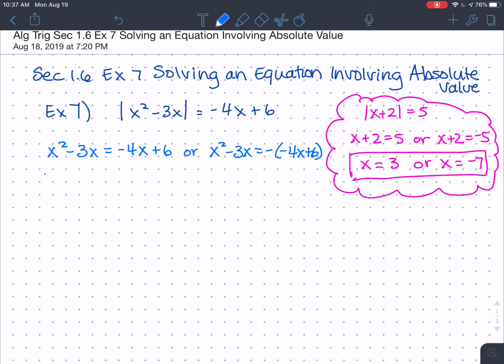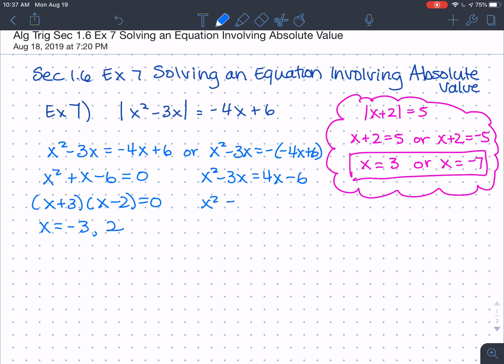The first side, so you add 4x onto both sides, we get x squared minus x minus 6. This guy factors into x plus 3, x minus 2. We get x equals negative 3 or positive 2. The second one, I got to distribute that negative on the right-hand side first.